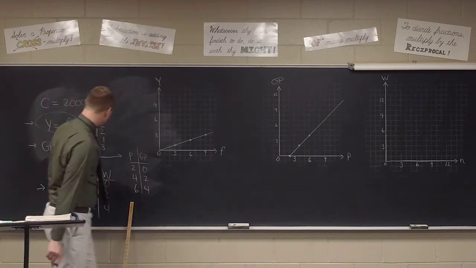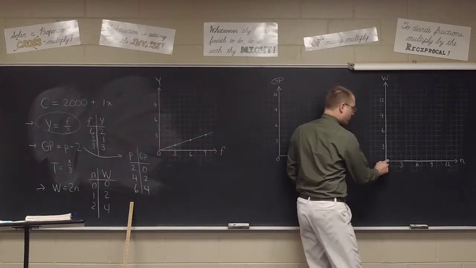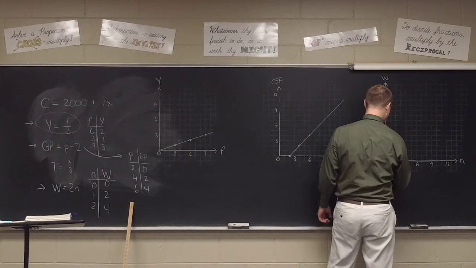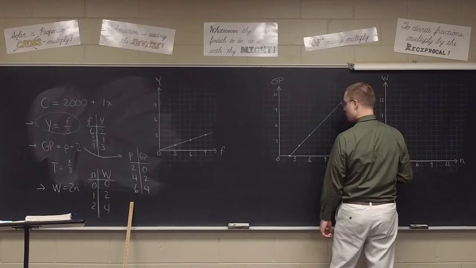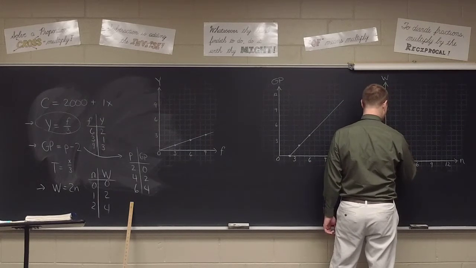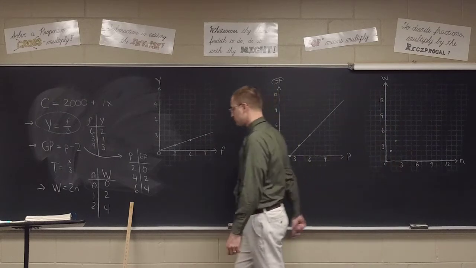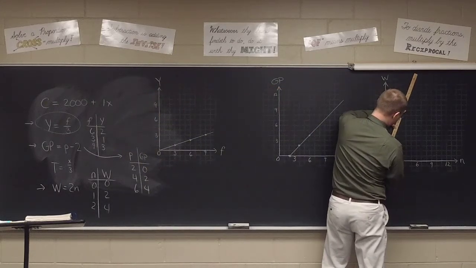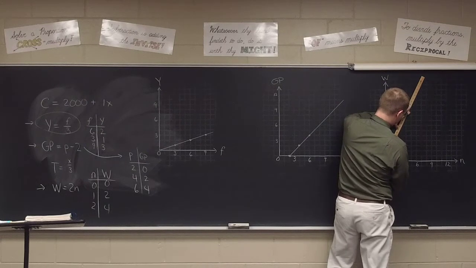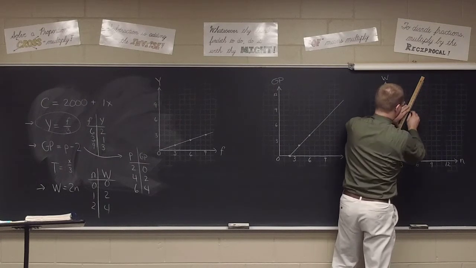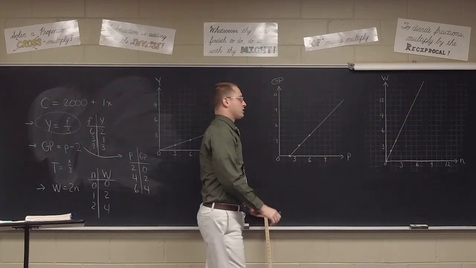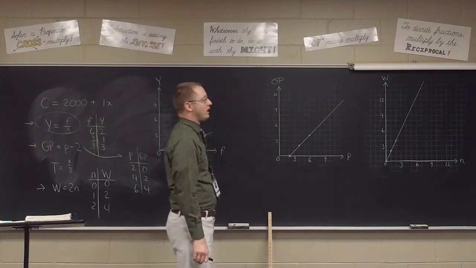Let's draw the graph here. Of course, 0, 0: you make no toys, you get no money. You make 1 toy, get $2. Make 2 toys, get $4. And again, simply making a picture of the situation here. So obviously you can see more toys, more money.